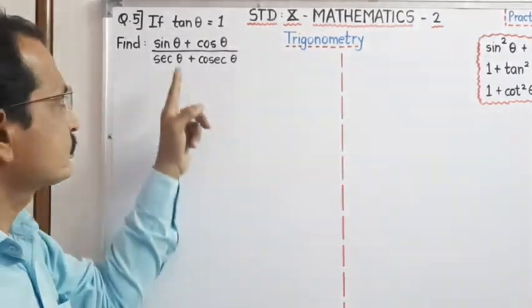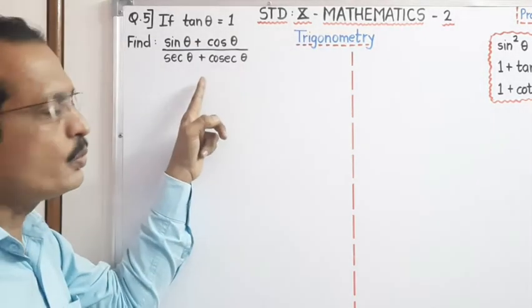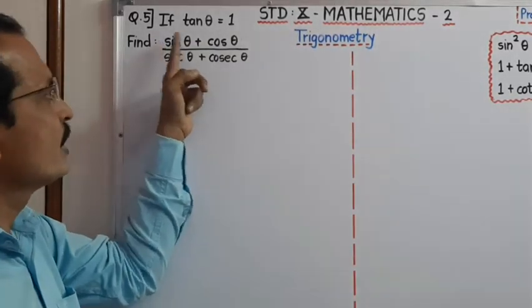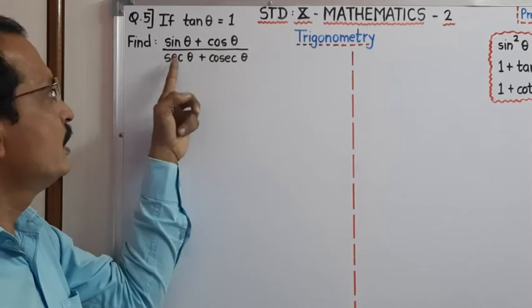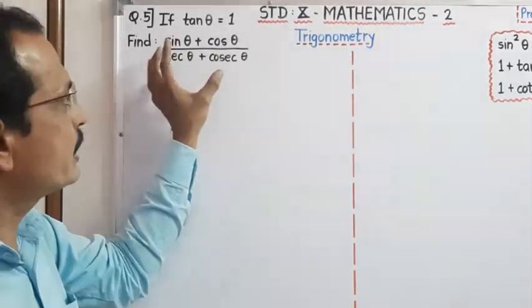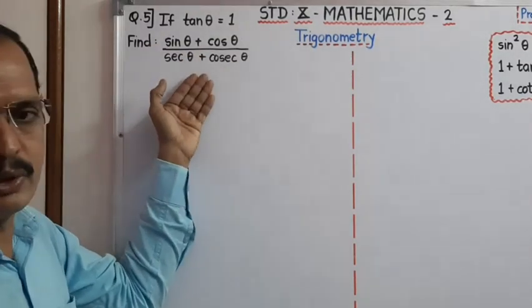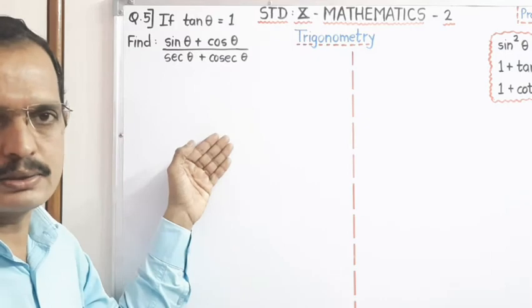Dear students, to find out the value of this, we must first find out sin theta, then cos theta, then the value of sec theta and cosec theta. After getting the value of each ratio, we can substitute those values and we will get the final answer.